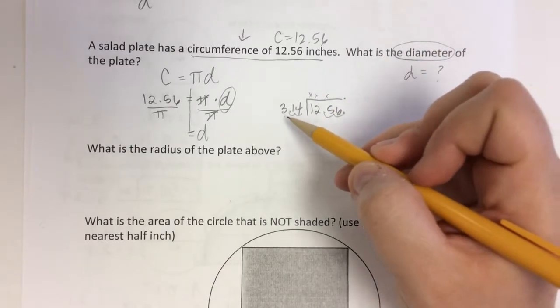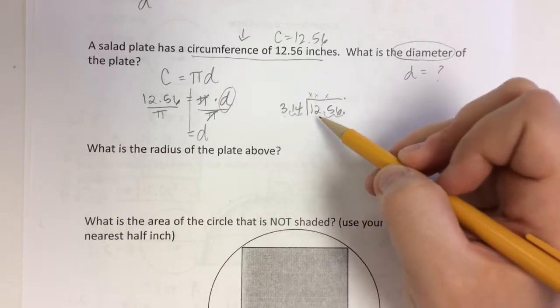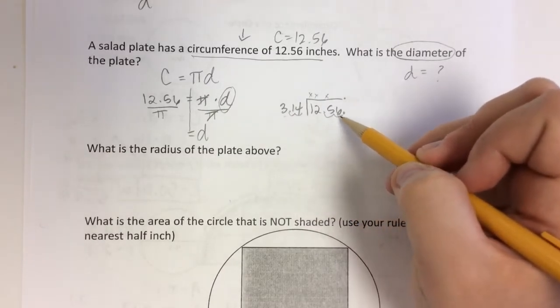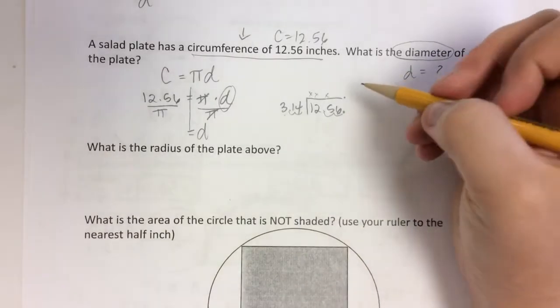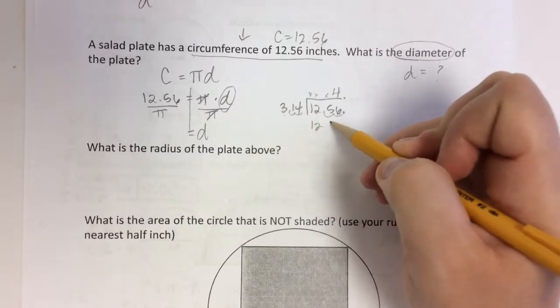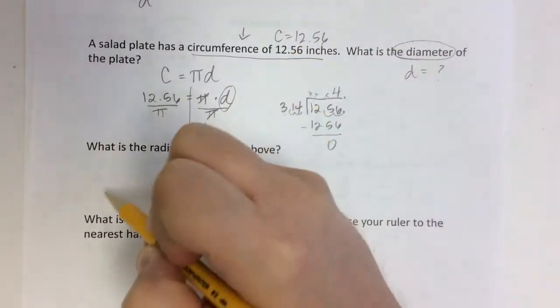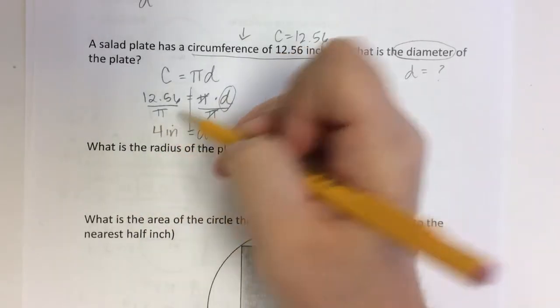And so I'm going to kind of estimate how many times we think 314 is going to fit into 1,256. And I'm going to guess 4 times, and it actually goes in evenly. And so my diameter is 4 inches.